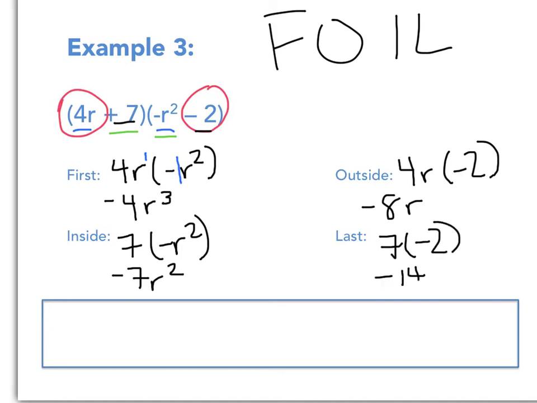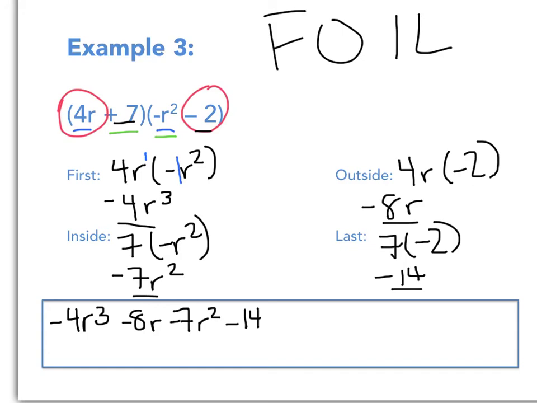So if I string these all together in the order that I did them, I have negative 4r cubed minus 8r minus 7r squared minus 14. Now I have to look and see if I have any like terms that I can combine, and I don't see any. So what I'm going to do is just put my final answer in order of exponents.